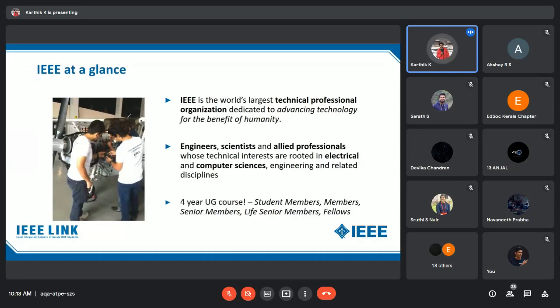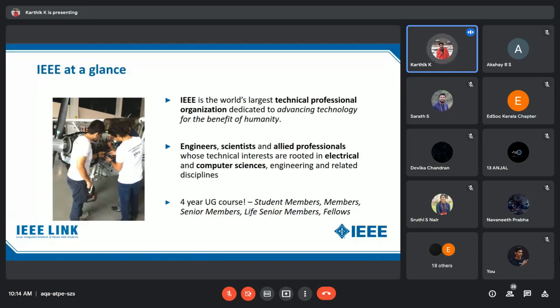They show technical interest aligned towards electrical, computer science, or other engineering disciplines in IEEE. So how are they going to benefit the students or the professionals?